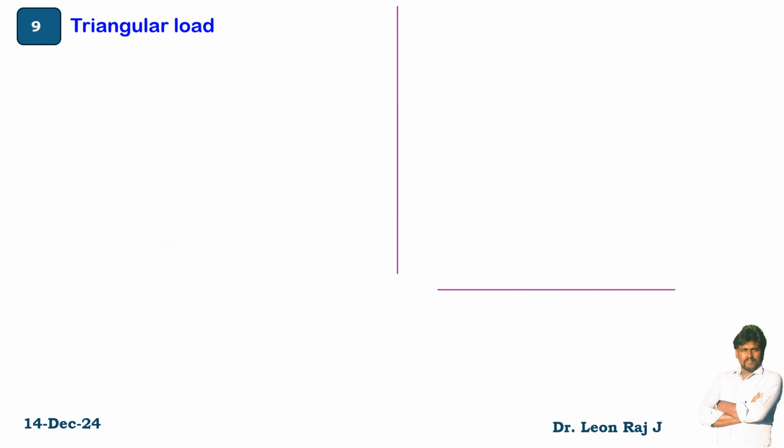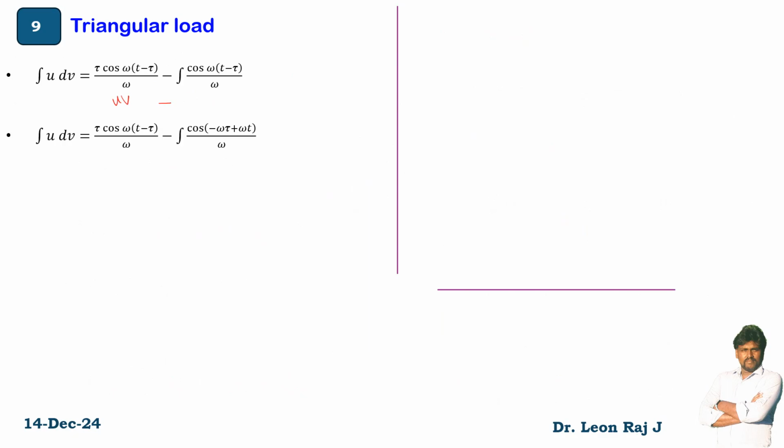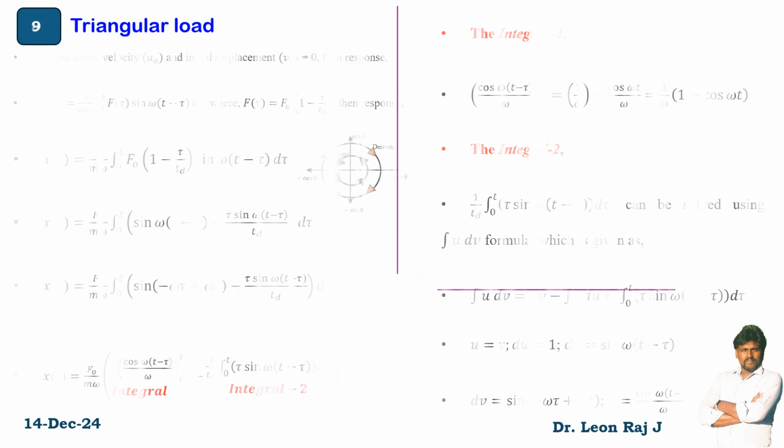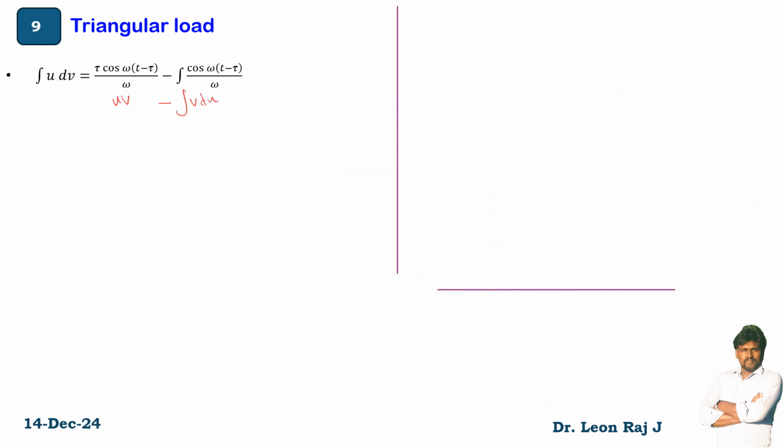Just substitute all the values in integral u dv. This is nothing but uv minus the integral of v into du. You know the u value, u is nothing but tau, du equal to 1.